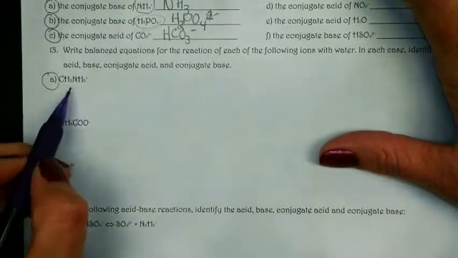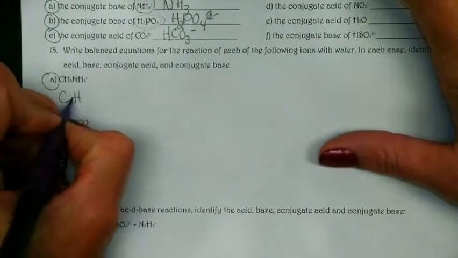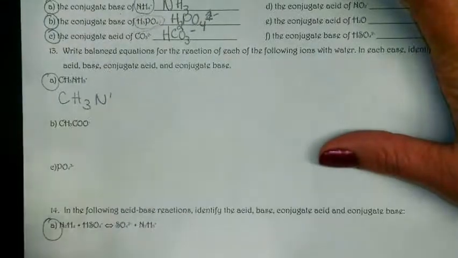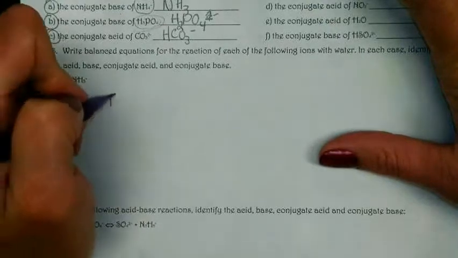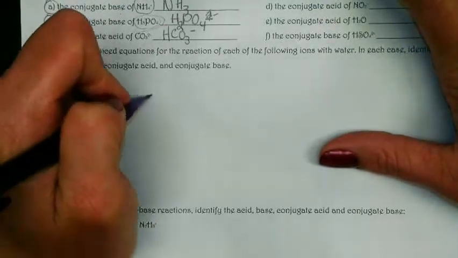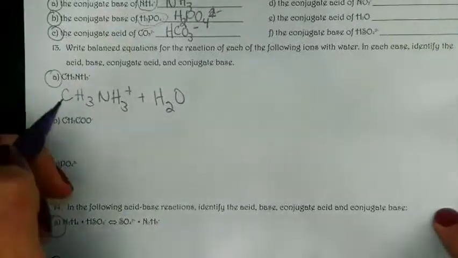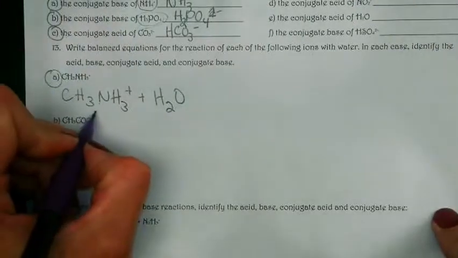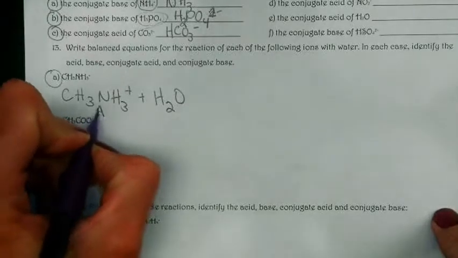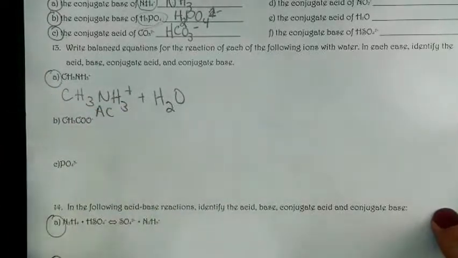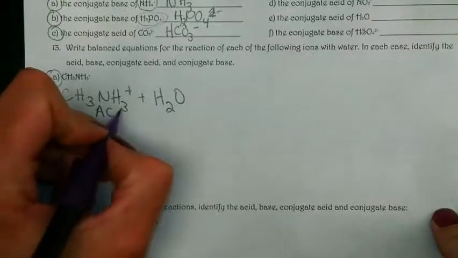So if we added this to water, so CH3 and H3, and it's got a plus charge on it, then we have adding this to H2O. And so this is going to act as an acid, because it's not going to want to accept more H+, because substances typically want to be neutral.